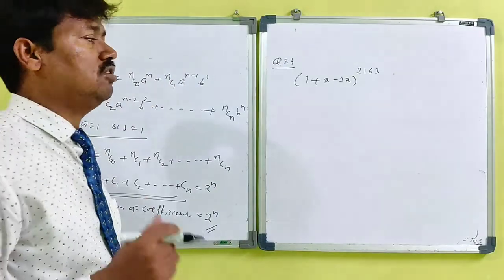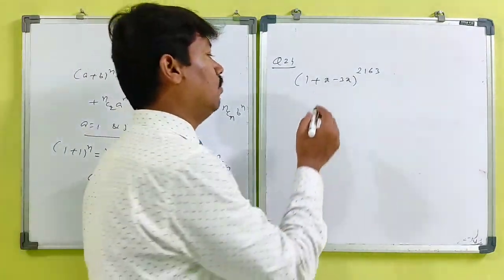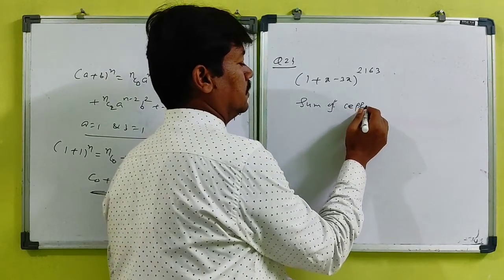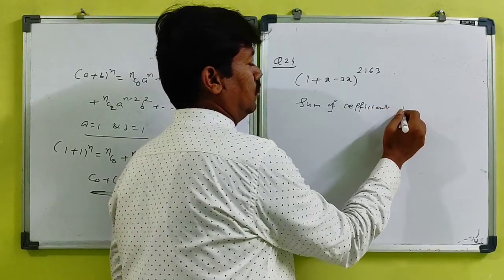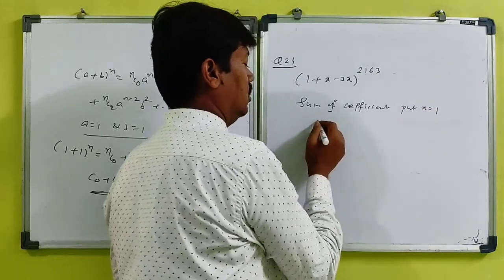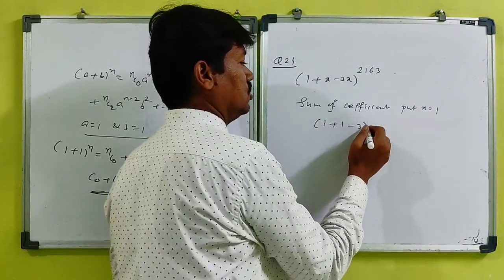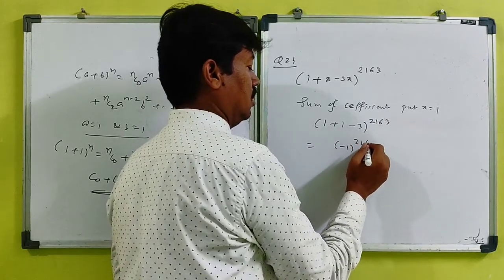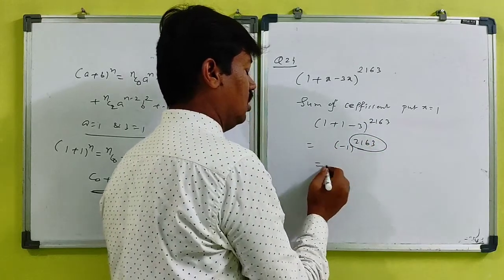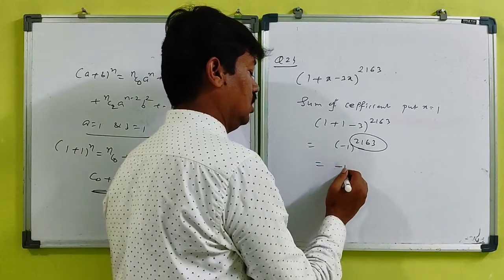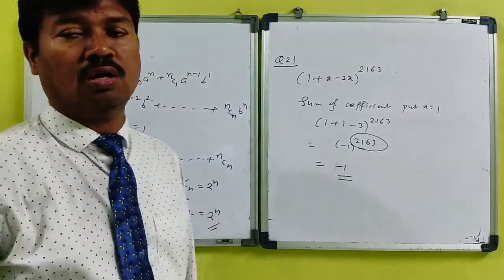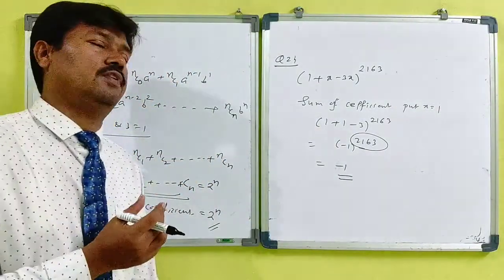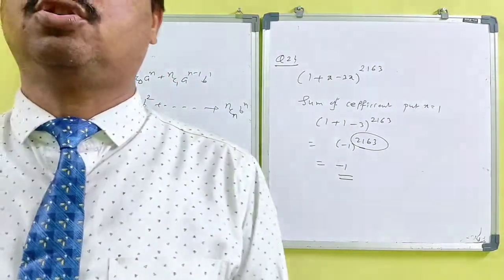In this, they ask you to find the sum of coefficients. For the sum of coefficients, remember to put x equal to 1. That will give you (1 plus 1 minus 3) raised to 2163, which is (minus 1) raised to 2163. And 2163 is an odd number, so the answer should be equal to minus 1. So here you should remember this concept: for the sum of the coefficients, you have to put the variable equal to 1.